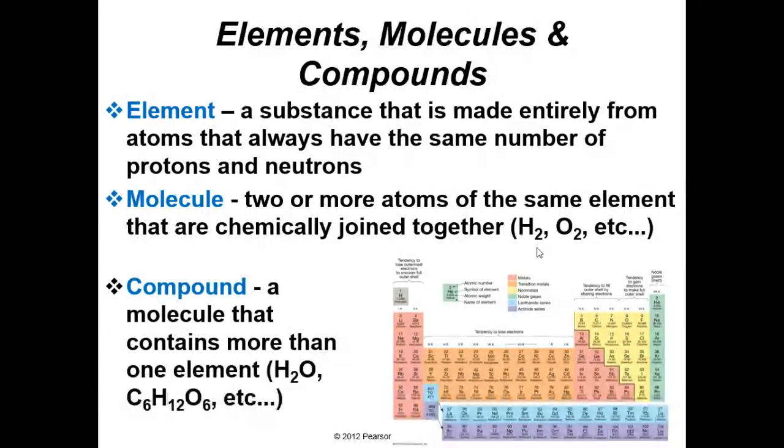So when you take different elements and start bonding them together, that's when you start to create compounds. You'll know when something's a compound because it contains different elements with multiple atoms attached, like C6H12O6. That would be considered a compound because it's kind of like alphabet soup in a lot of ways.